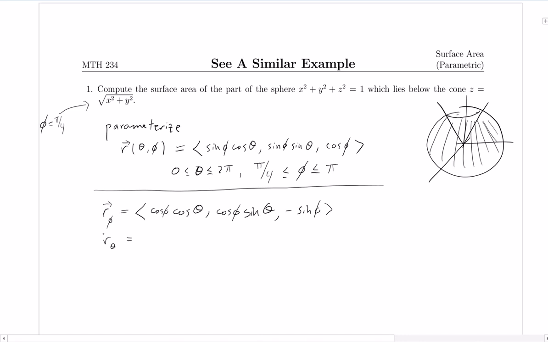And now if we do theta, we get minus sine phi sine theta, sine phi cosine theta, and 0 since there's no theta in the third slot. Now we need to take their cross product.